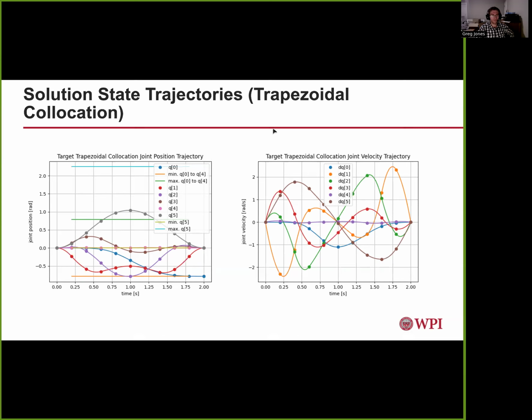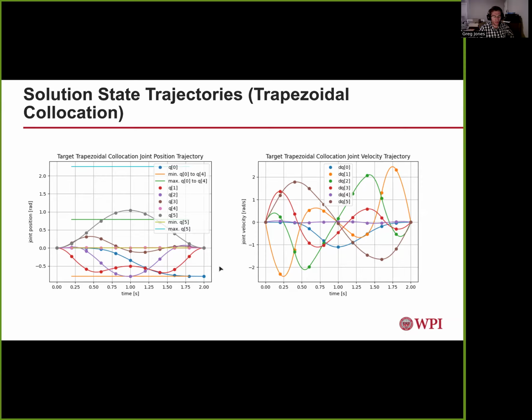Okay, and then looking at the solution trajectory, this is the state trajectory for the trapezoidal collocation. On the left-hand side, position, and on the right-hand side, velocity.